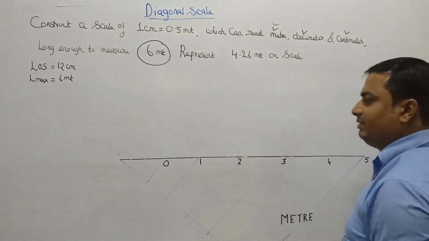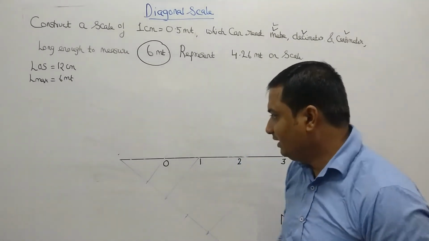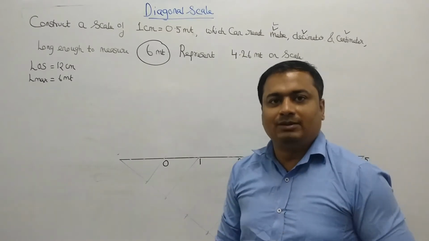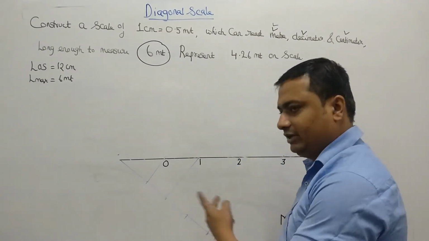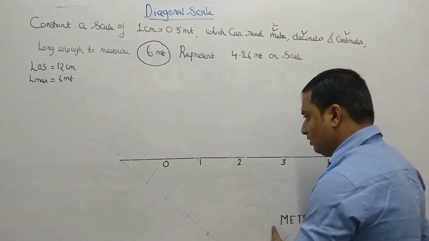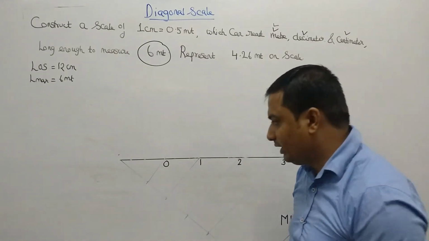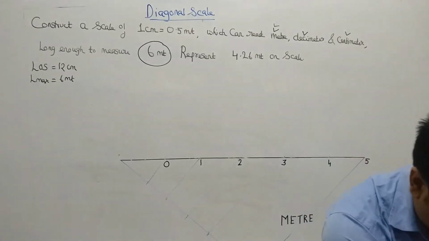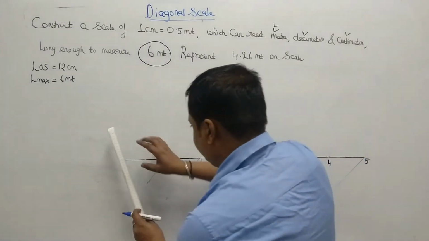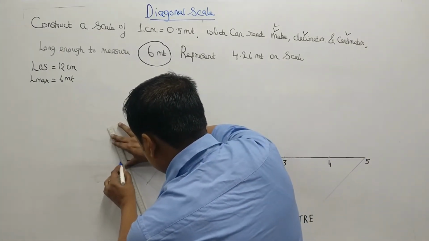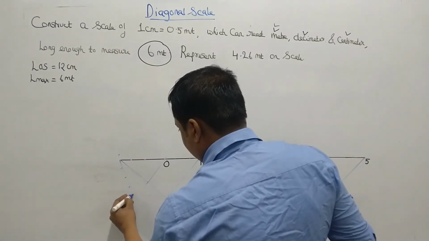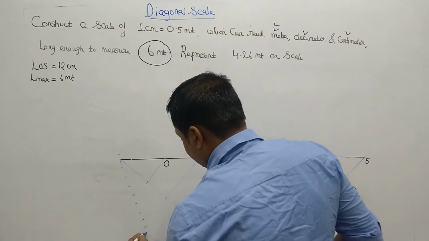Now coming to the decimeter, we again have to divide this first division into an equal number of parts, based on the relation between the two units, and we know 1 meter is equal to 10 decimeters. So we are going to divide this first part into 10 equal parts. Again I will be using the graphical method for the division. Acute angle line. First, second, third, fourth, 5, 6, 7, 8, 9, 10.